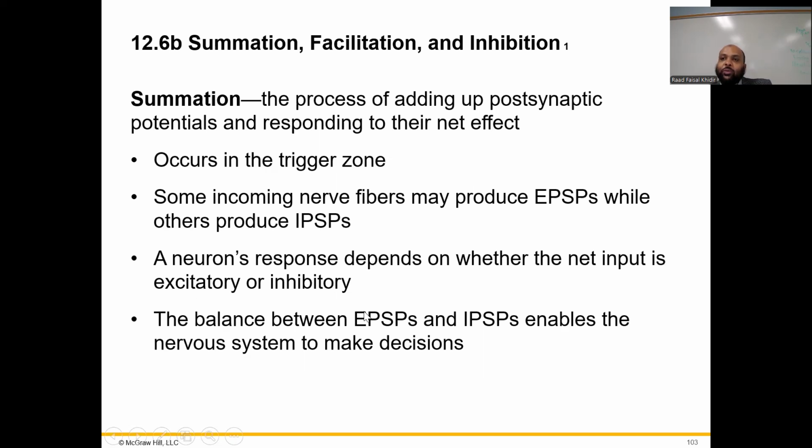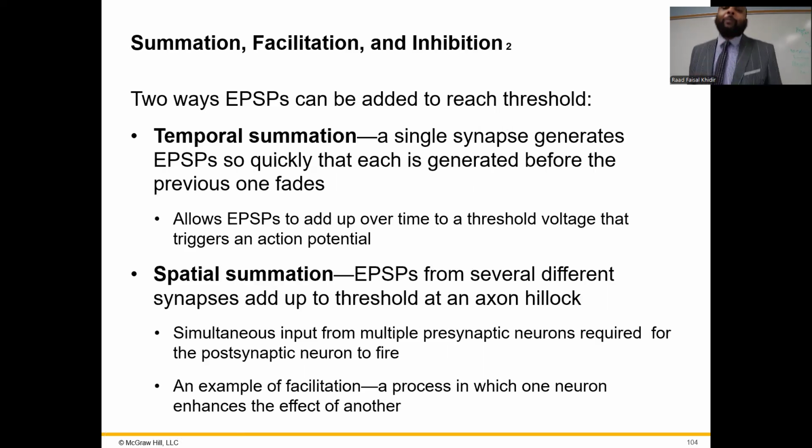So the balance between excitatory postsynaptic potentials and inhibitory postsynaptic potentials enables the nervous system to make decisions. There are two ways the excitatory postsynaptic potential can be added to the threshold. There's temporal summation and there is spatial summation.